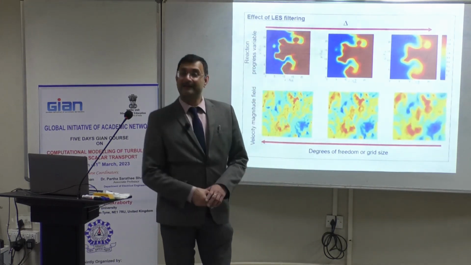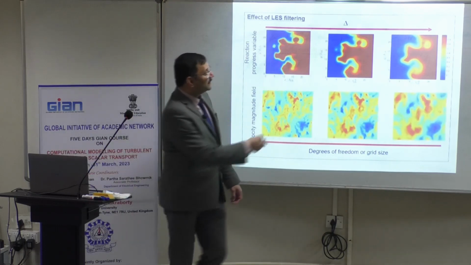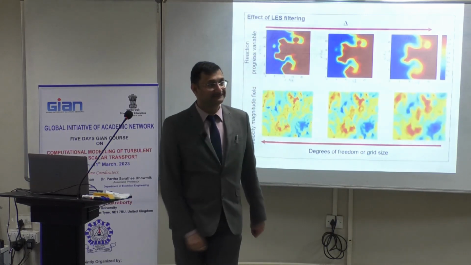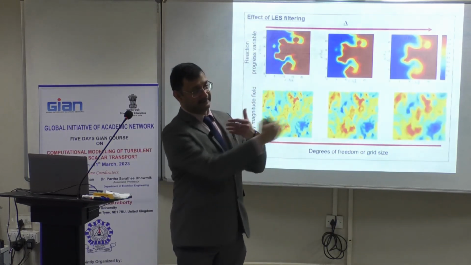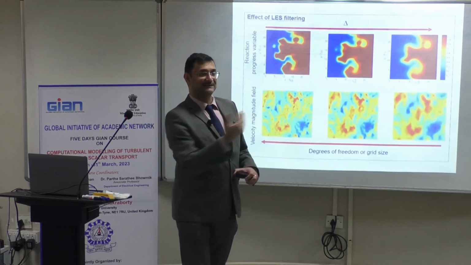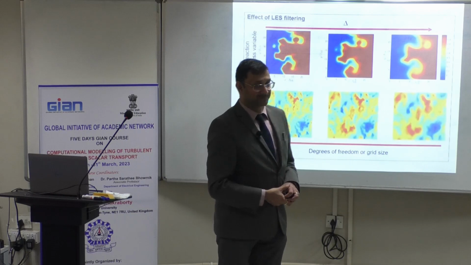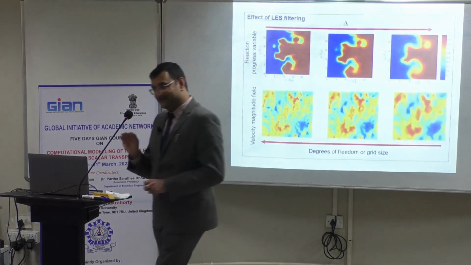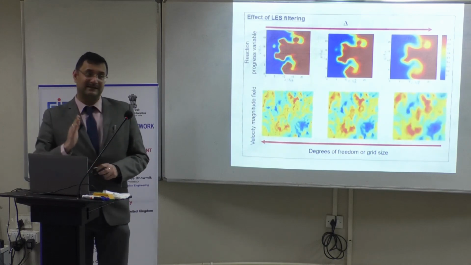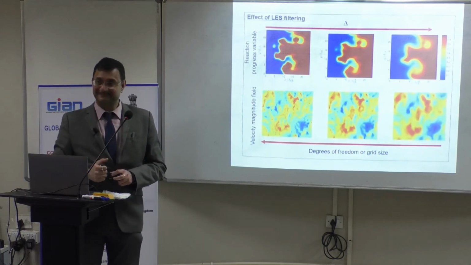If I go for an even larger filter, because it's a statistically planar flame, ultimately you will get a flat line. That is the limit where LES goes towards RAS. Okay? So I'm giving you a hint that when the filter size is very large, LES tends towards RAS. Okay?